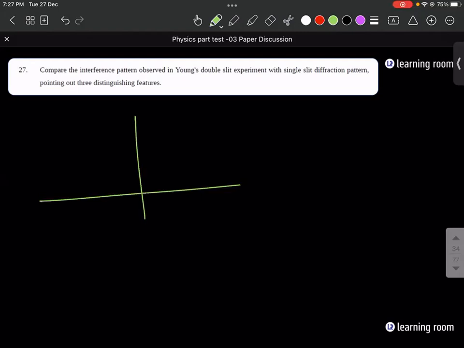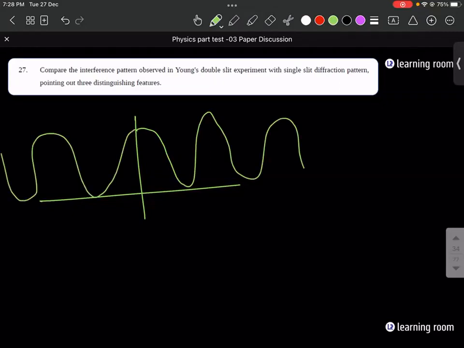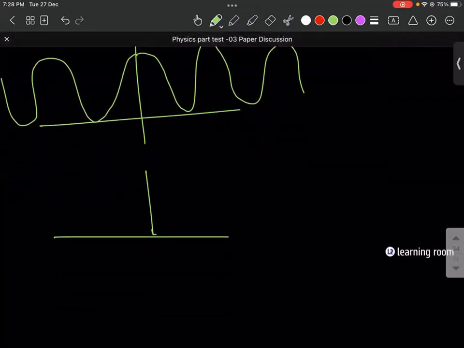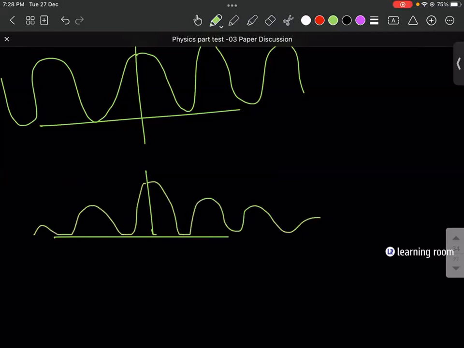When you observe the intensity pattern for Young's double slit experiment, the intensity will almost remain the same with distance. Whereas with respect to a diffraction pattern, the intensity keeps decreasing like this.